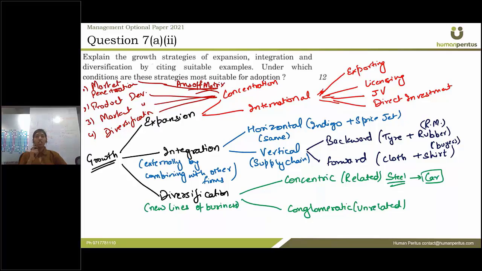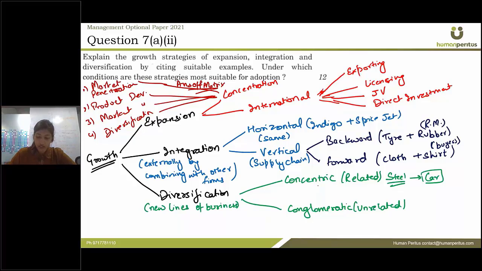So market penetration, where you try to penetrate the market, that means you focus only on one product, and with that product you try to achieve market share. Product development, when the company starts innovating the product. Market development, where the company is increasing the range of products, or you can say the company is creating its own product to develop its market.